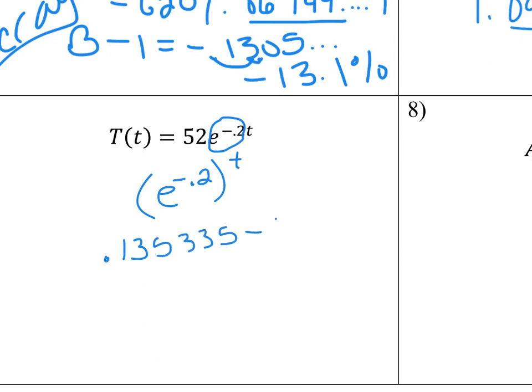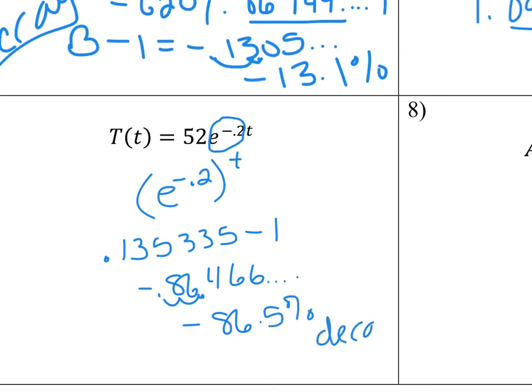I subtract my 1, and I get negative 0.86466, etc. Move it over 2 decimal places, and I get negative 86.5%. So this is definitely decay, and it's a very quick decay because it's going down very fast. So that E is not quite accurate for us for this problem. We do need to bring that decimal in and actually see what the number is.